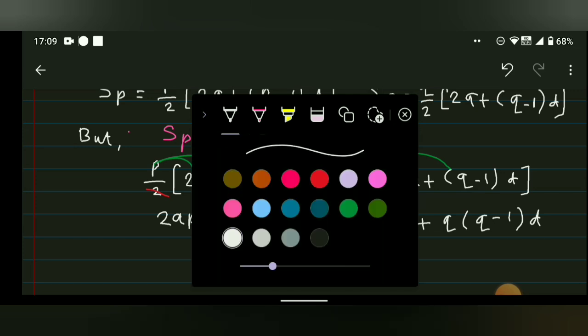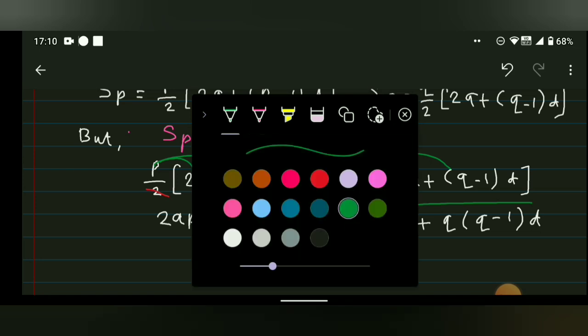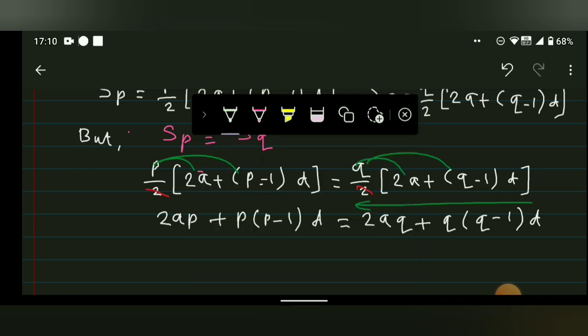Now we will move these two terms to the other side of the equality, which converts all the signs of the other side. I am making sure that I place the same terms sequentially, that is 2ap, then 2aq, which will become minus 2aq.